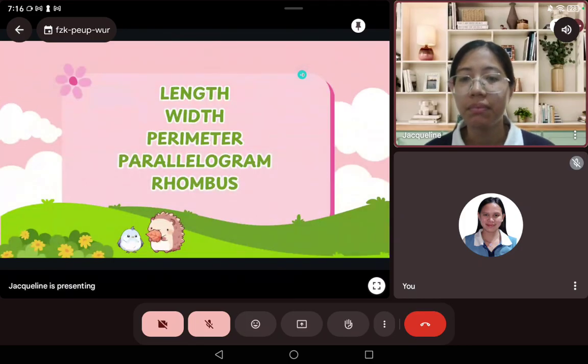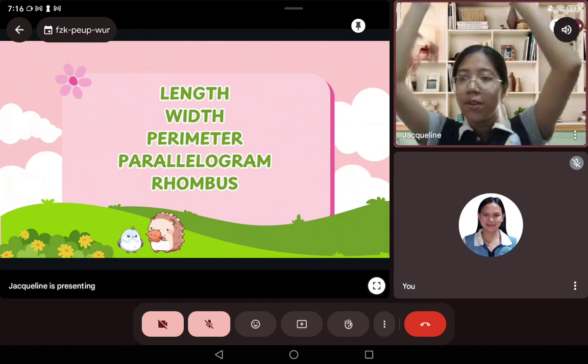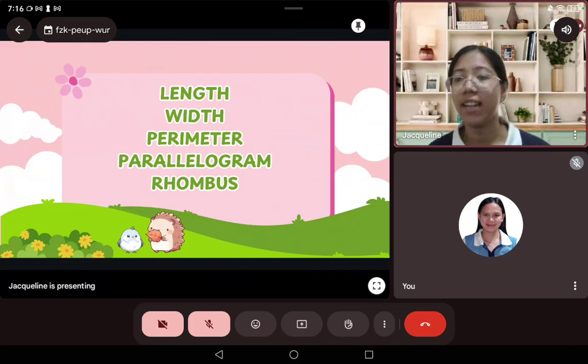So now, I have here some words for you. We have length, width, perimeter, parallelogram, and rhombus. All I want you to do, class, is to read it together, but with a twist. For length, you need to raise your hand while reading it, okay?